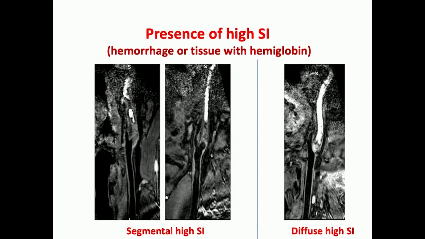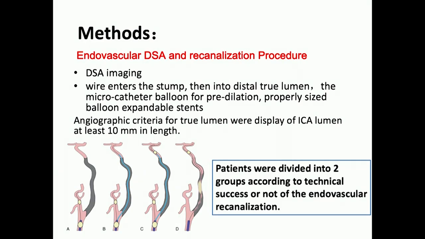The left side is a segmental high signal intensity lesion, and this is a diffuse high signal intensity lesion. The endovascular DSA and recanalization were performed according to the standard procedure.